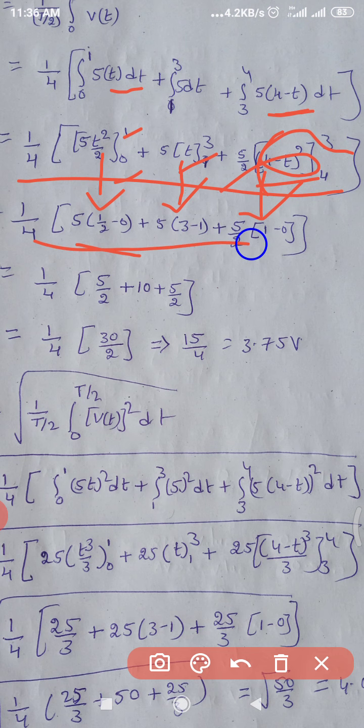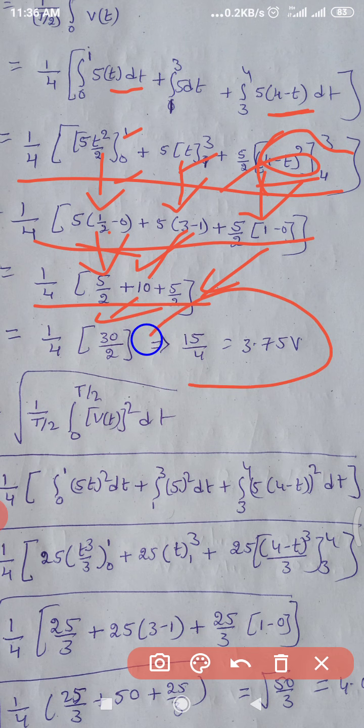If we simplify all this, we get 1 by 4 into 5 by 2, sorry 5 by 2. By simplifying overall, we get 1 by 4 into 30 by 2. So overall we get 15 by 4 is equal to 3.75 V.